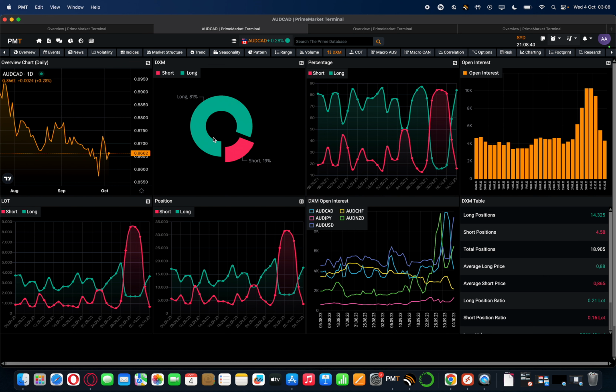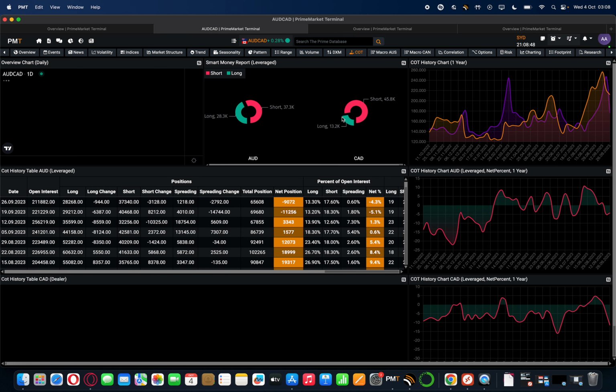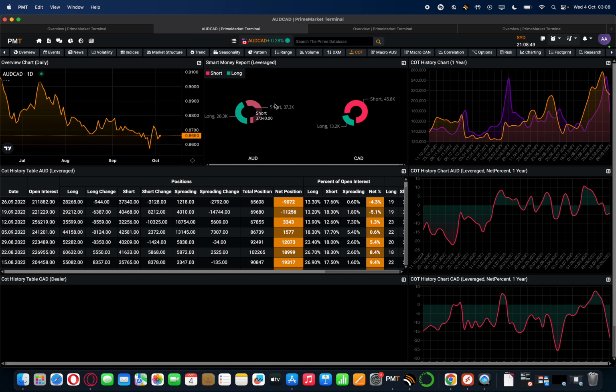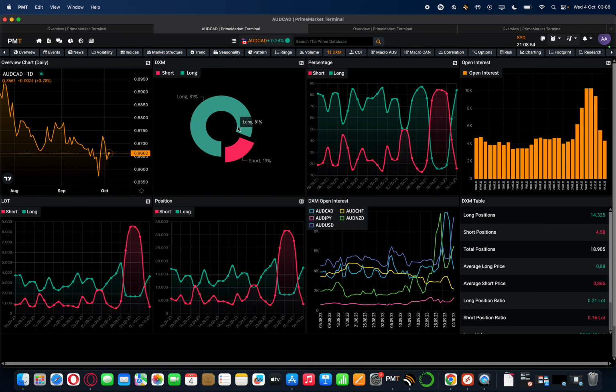on AUD CAD. So if we check, the smart money are actually mostly on short, you can see they are mostly on short, and you see the retail traders doing the opposite. This should give you a further confirmation that you are on the right track, because you shouldn't always follow the dump money index, which is what the retail traders are doing.